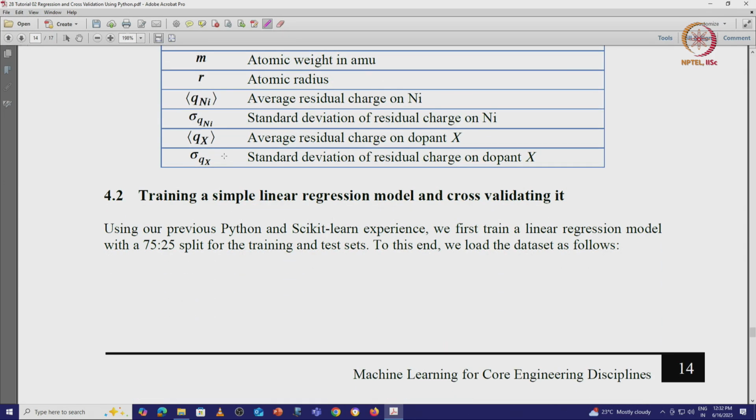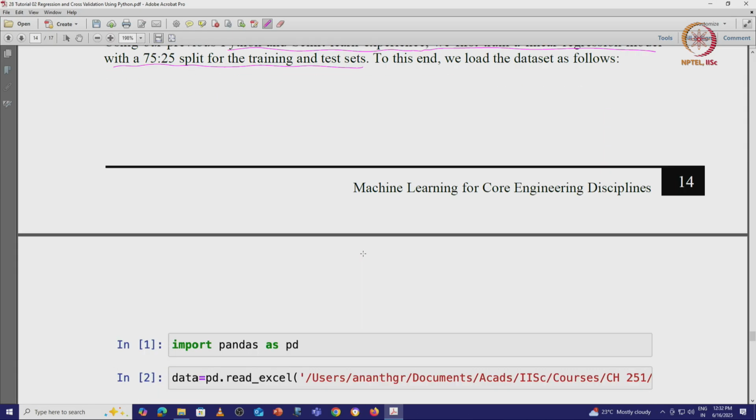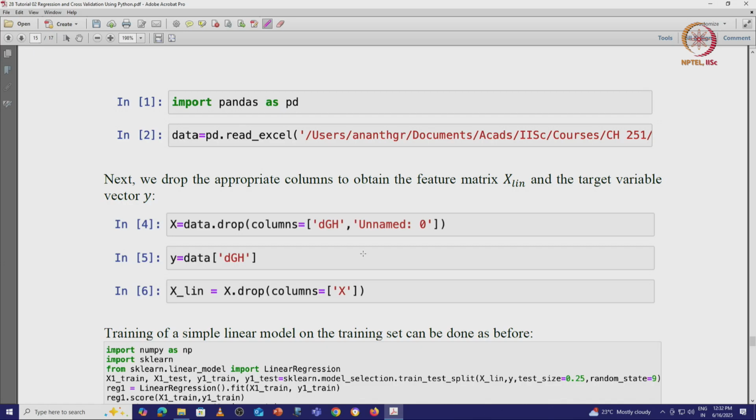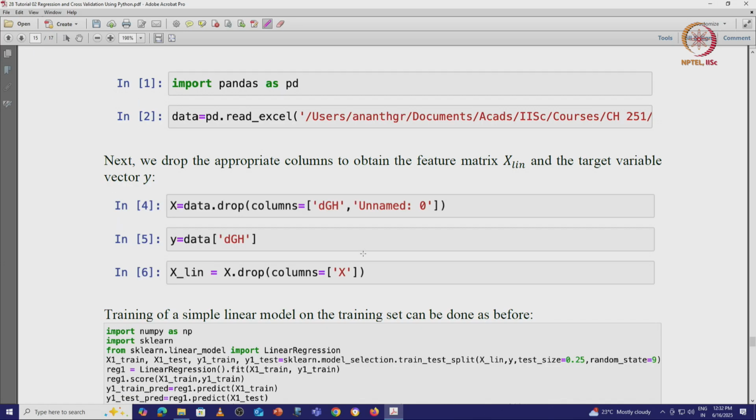Using our previous Python and scikit-learn experience, we can first train a linear regression model again with a 75-25 split for the training and test sets, and we again do the standard procedure. You import pandas, you read the Excel file, then you can drop any unwanted columns.